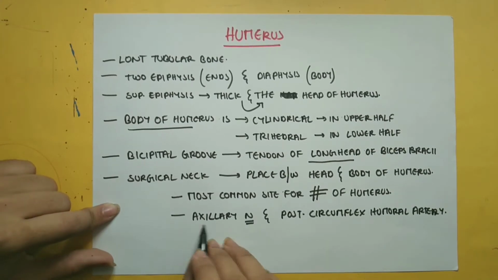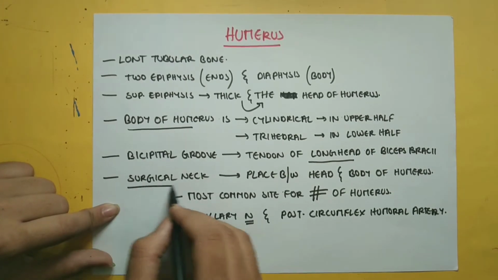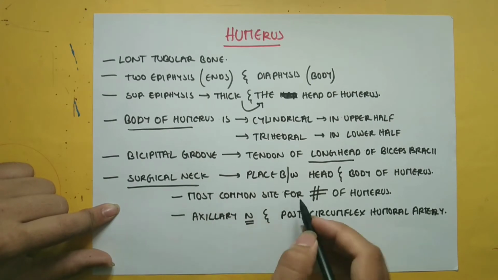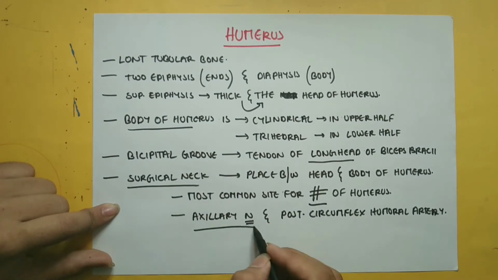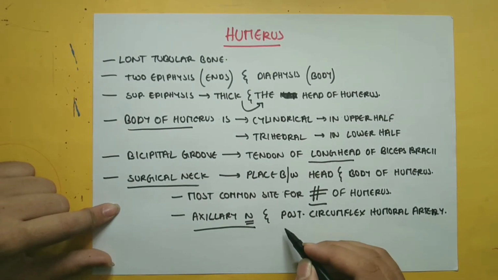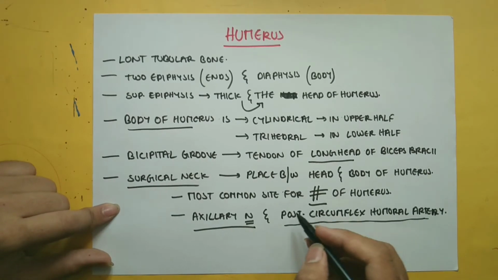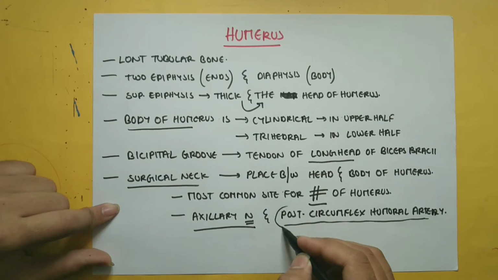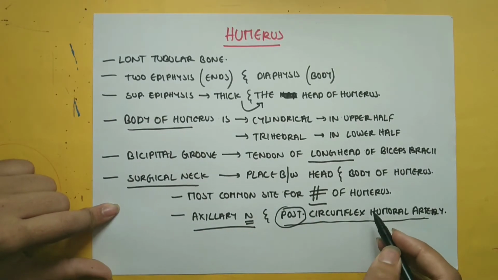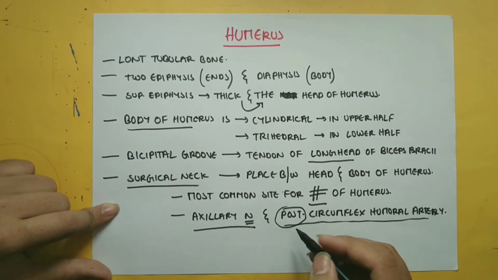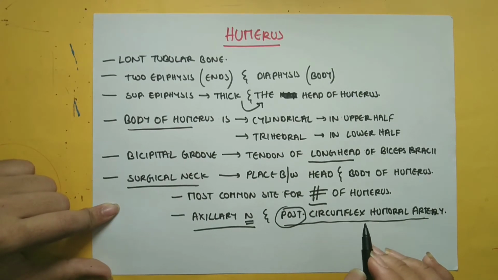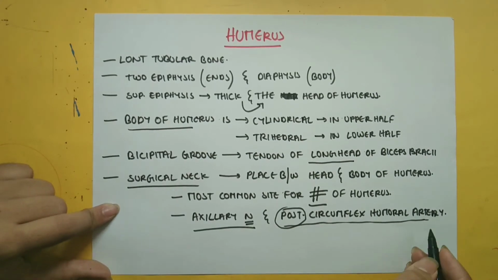So which nerve gets damaged when the surgical neck of humerus is fractured? The axillary nerve and also the posterior circumflex humeral artery get damaged. Mostly posterior circumflex humeral artery. The anterior circumflex humeral artery also gets damaged.